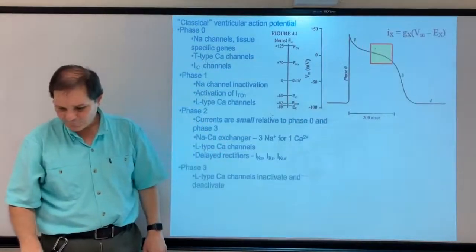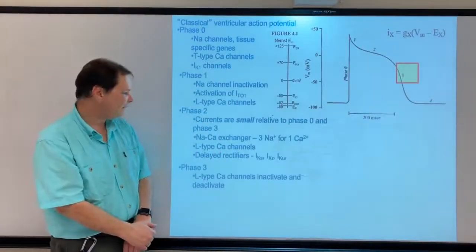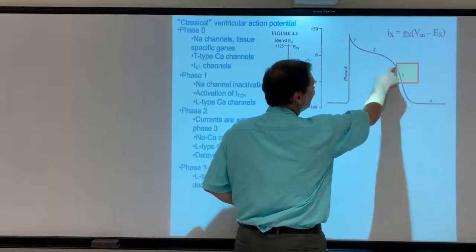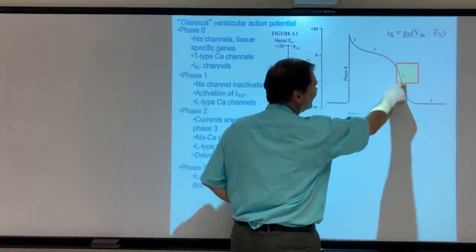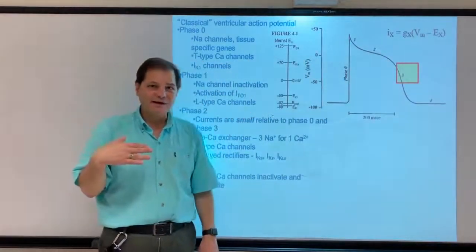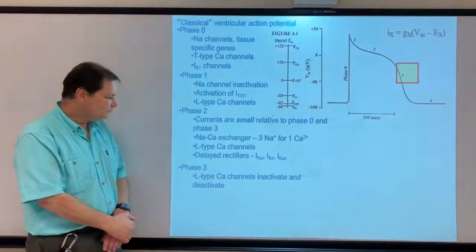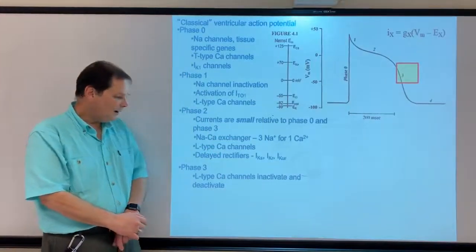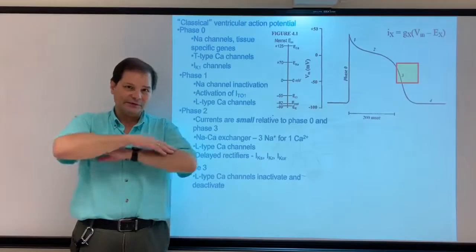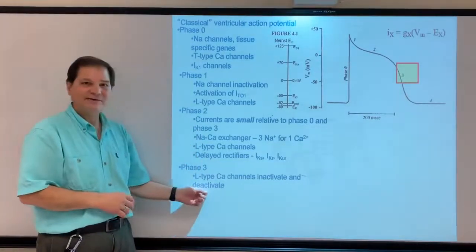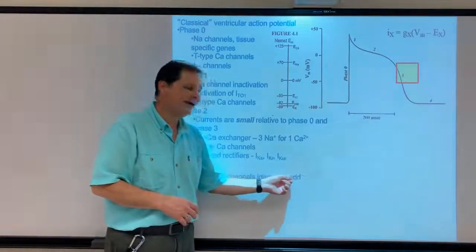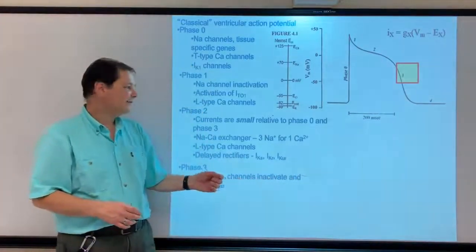repolarization. Phase 3, the first thing that you'll notice is the voltage now is starting to gradually more rapidly decline during phase 3. And because the voltage is declining, your activation gates on the L-type calcium channels are closing. We call that deactivation, okay? And you're also continuing to get inactivation of the L-type calcium channels.